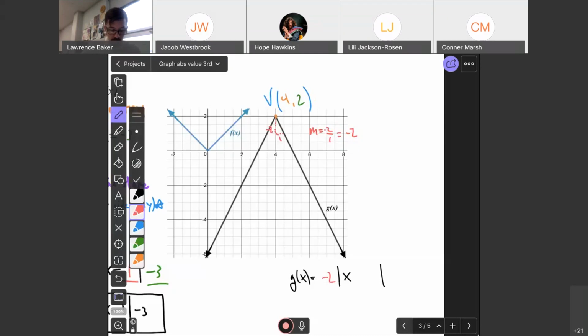Okay. What about the 4? I put the 4 inside of the bars, and I added the +2. What's here? Oh, positive sign. What do we know about h?